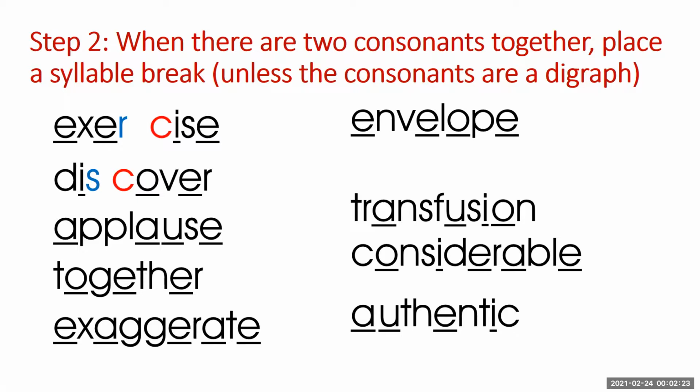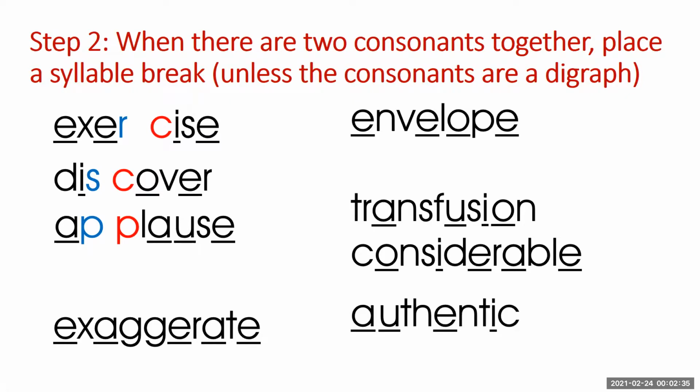Okay, between the S and the C. What about the word applause? Okay, between the two P's. Together. This is a tricky one. The syllable break occurs after the TH because that's a digraph. That's one phoneme that is spelled using two letters.